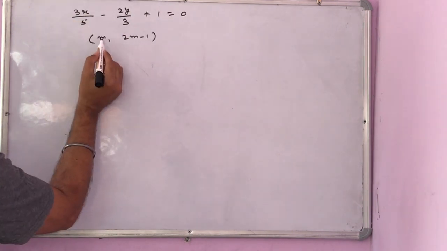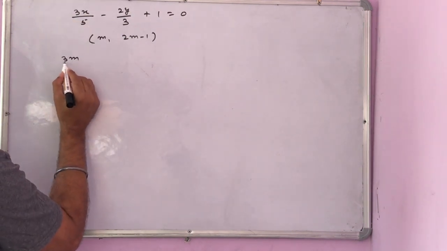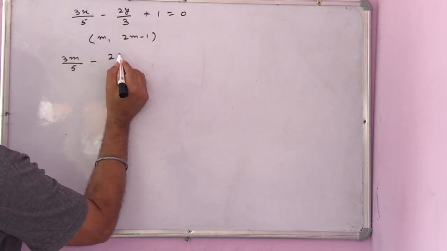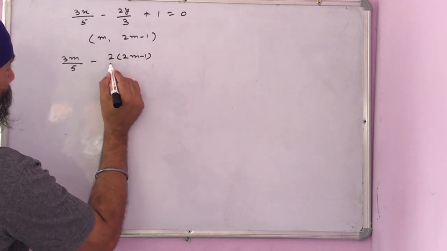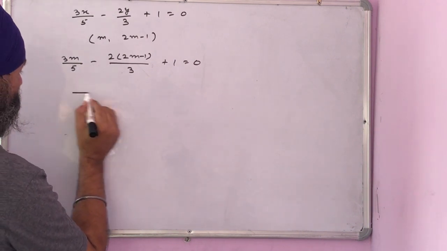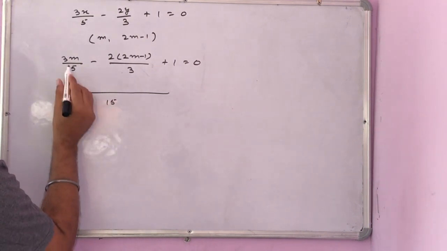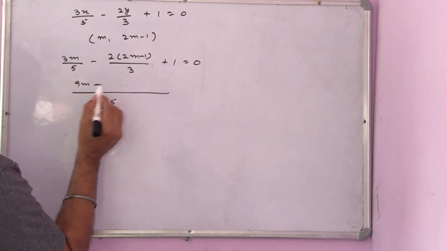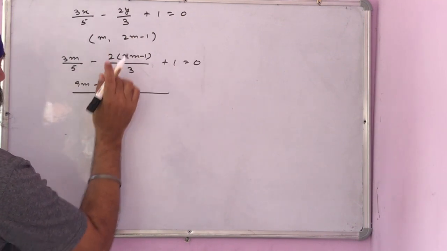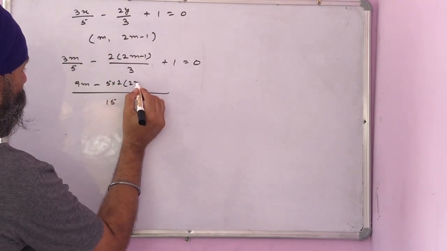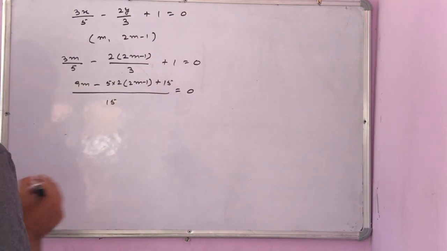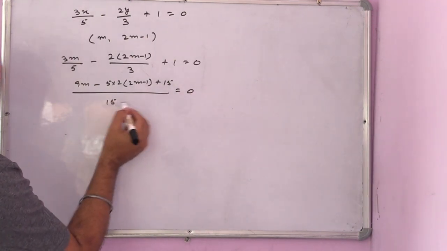Now in place of x, I put m: 3m over 5 minus, in place of y, I put (2m minus 1) upon 3, plus 1 equal to 0. So I take LCM, 15. 3 into 3m is 9m, minus 5 into (2m minus 1), plus 1 into 15. I take LCM and solve it. This 15 will go to that side and become 0.